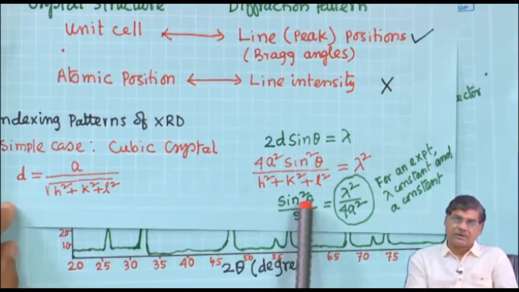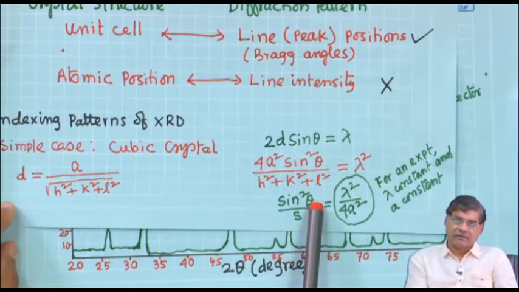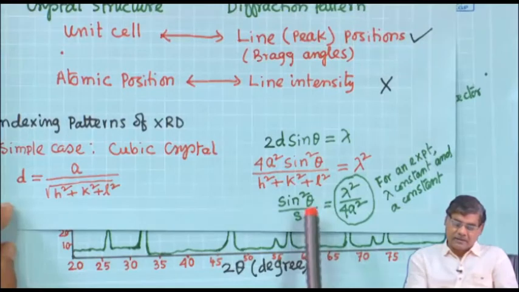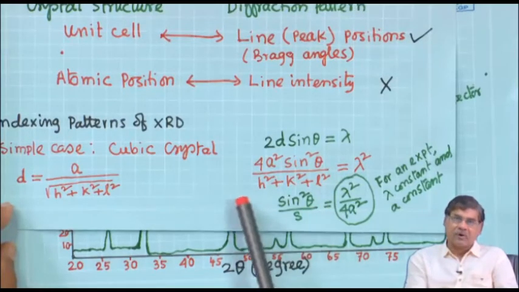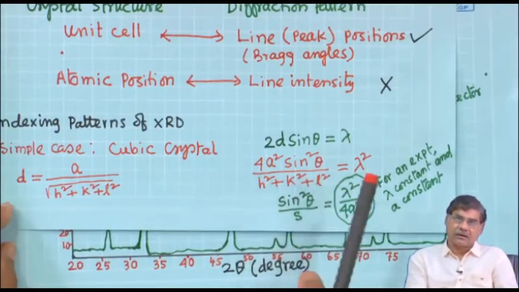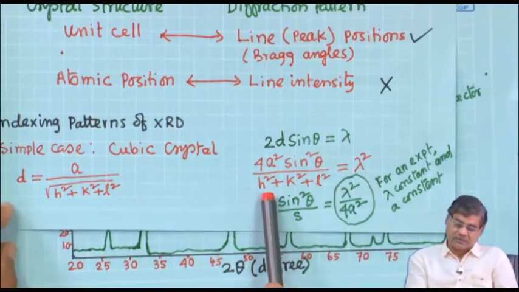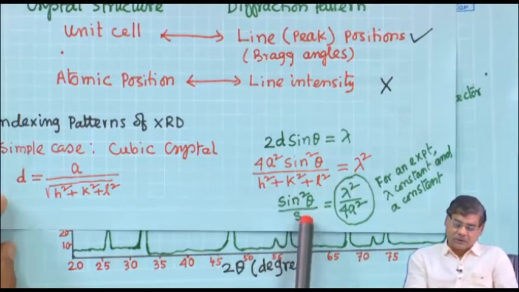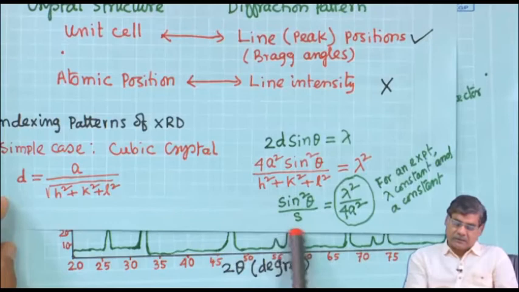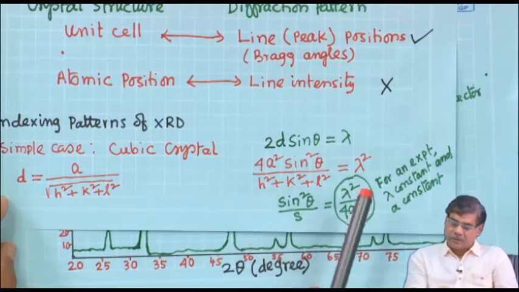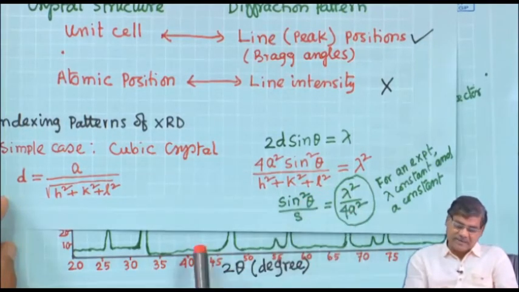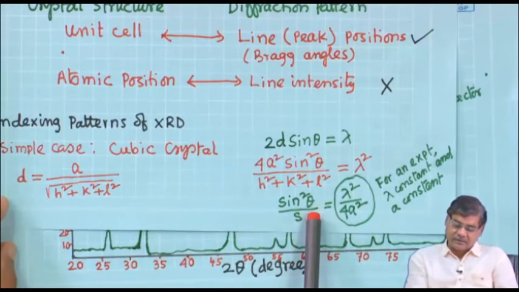is constant, and that is equal to sin square theta by s. So, now theta is the Bragg angle of different peaks and s is basically the sum of the squares of the Miller indices. So, from the XRD pattern there are many peaks.